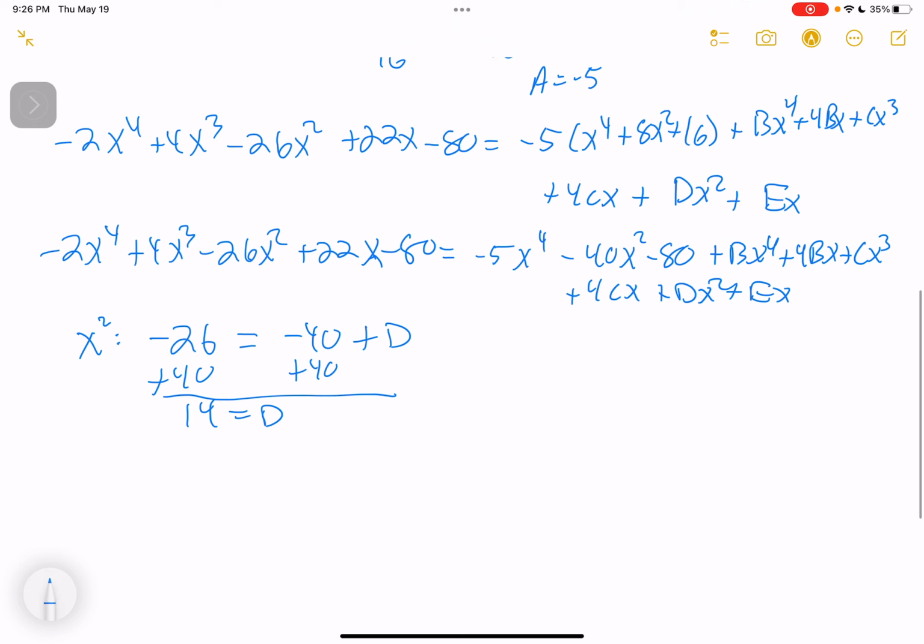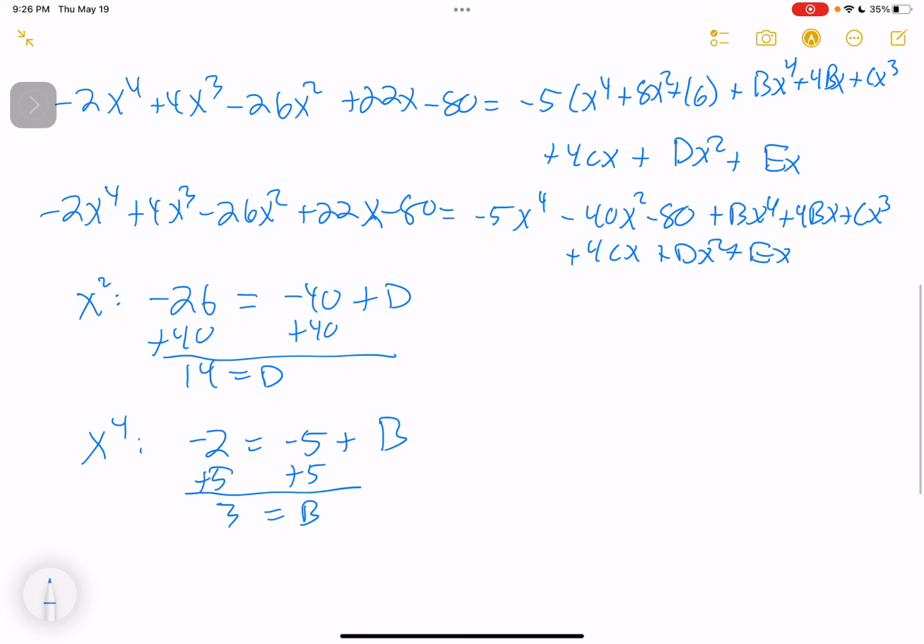And then I see we can get this B because if we look at x to the fourth, on the left we have a negative 2. On the right we have a negative 5 plus B. And we can add the 5 to both sides. And 3 equals B. Okay, so we found A, B, and D. Let's pick on C. And what do I see here?